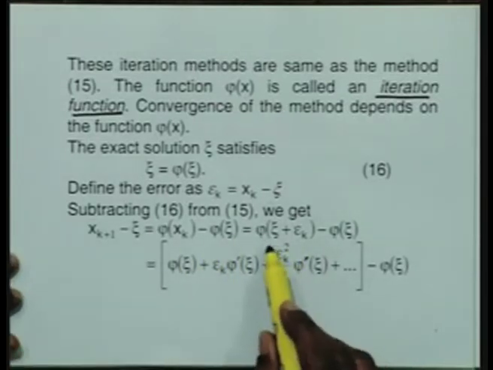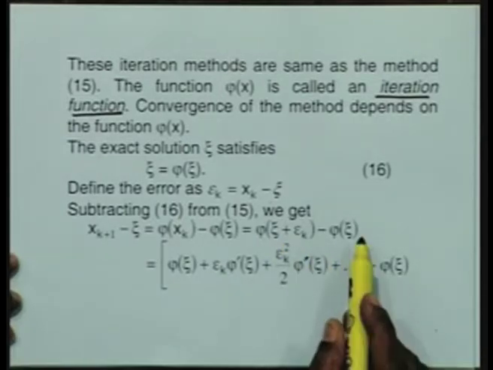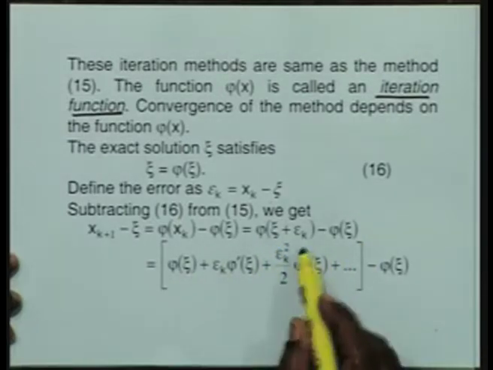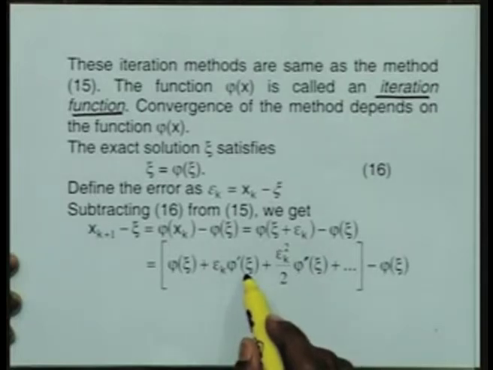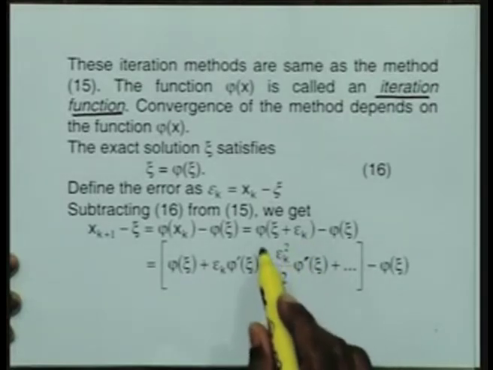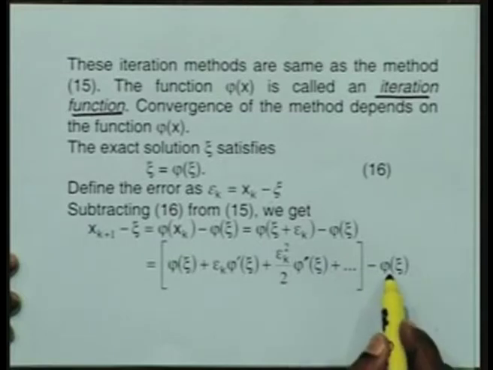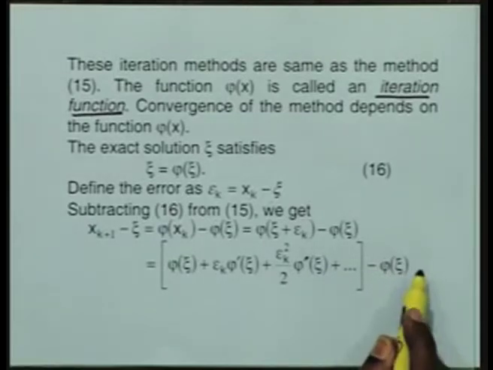So, let us open it up, phi of xi plus epsilon_k by Taylor series. I will have phi of xi plus epsilon_k phi dash of xi plus half epsilon_k square phi double dash of xi plus so on, minus xi. Now, we do not need to write down more terms than this.